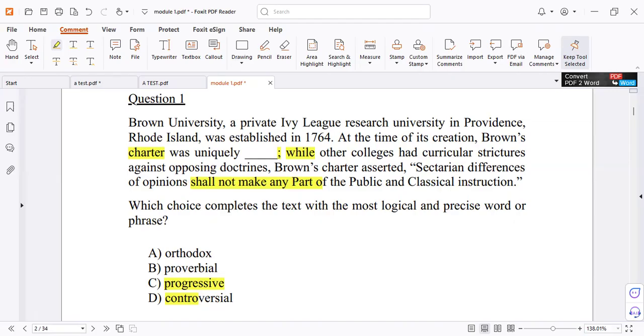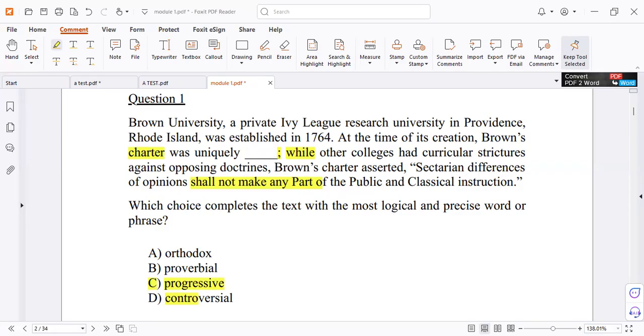But we have a problem. Why not A? Because A describes something differently, not the same way. Letter A means orthodox, original.